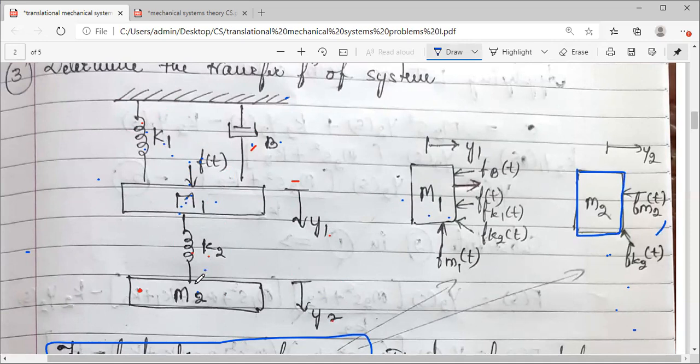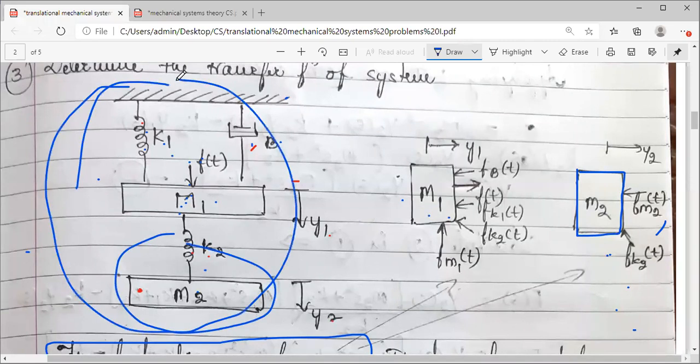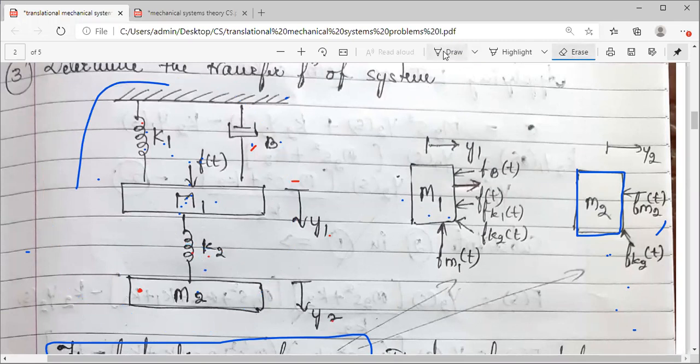How many elements are connected to this? Is any force applied directly here? There is no force, so the applied force will be 0. Opposing forces, because this system is part of the whole system, we cannot deny that there will be an opposing force acting on each of these elements.